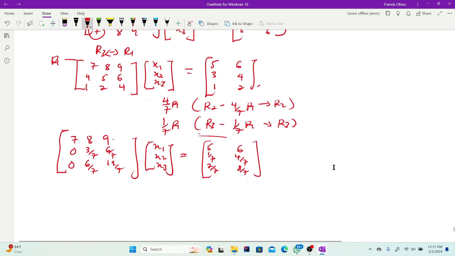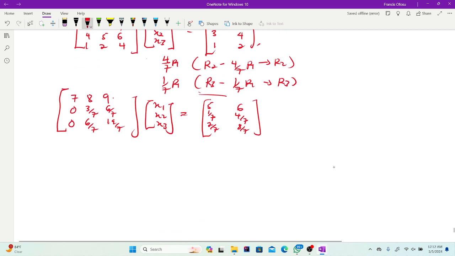So we still go again. So when I reach here, we're using partial pivoting. Ask yourself, this and this, which one is bigger? You can see 6 on 7 is bigger than 3 on 7. So you need to do another swapping. Here is row 2. Here is row 3.